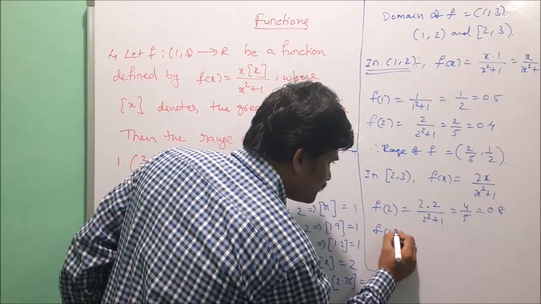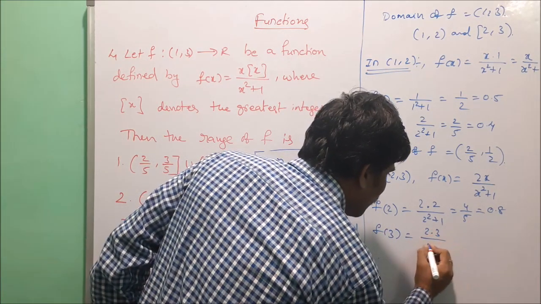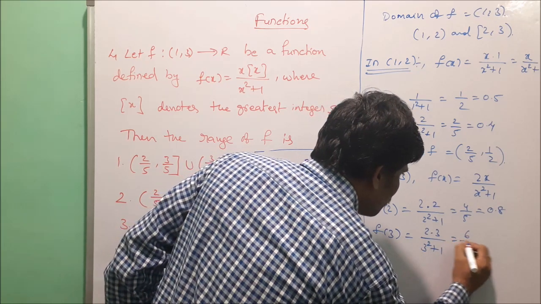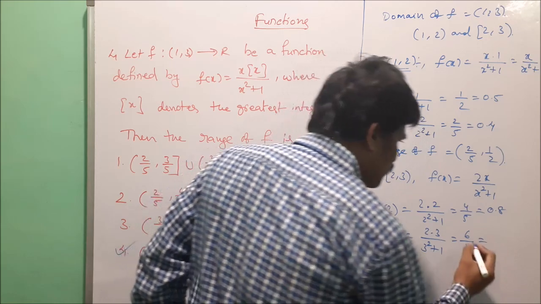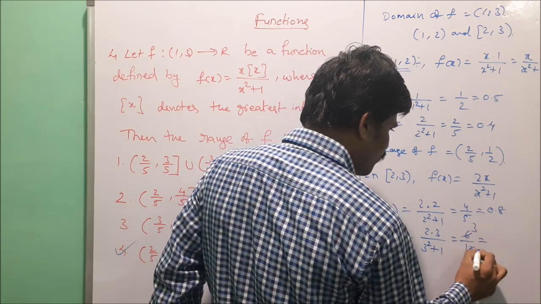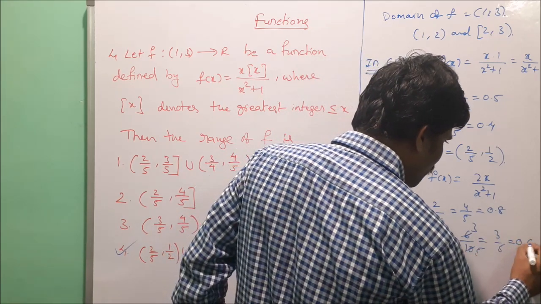f of 3 equals 2 into 3 by 3 square plus 1. So 6 by 10, which simplifies by dividing with 2: 2 threes are 6, 2 fives are 10, giving 3 by 5. So this equals 0.6.